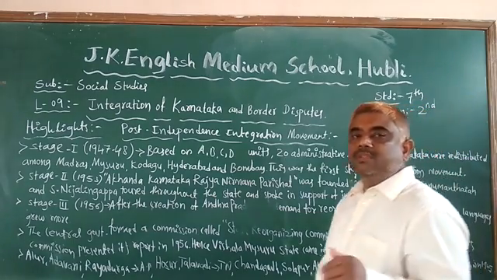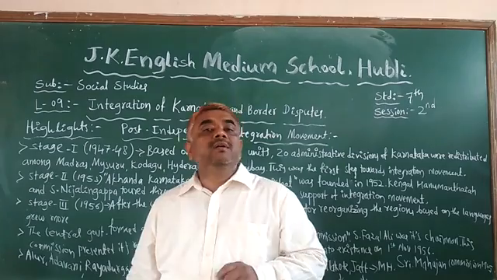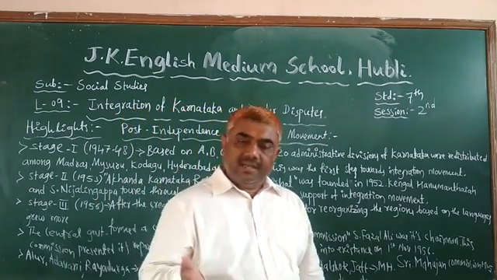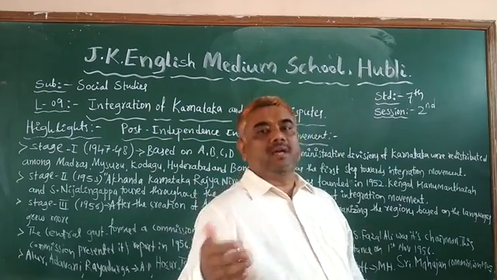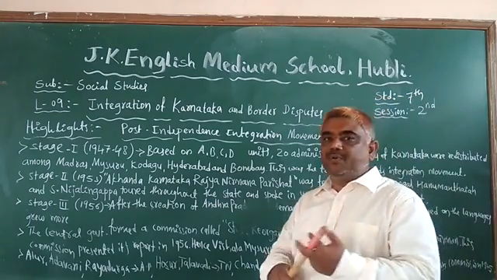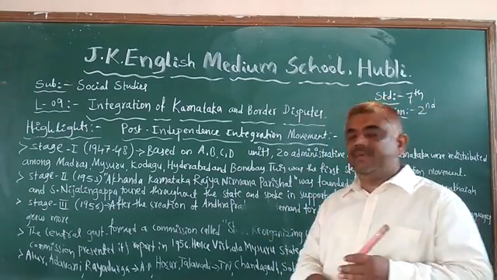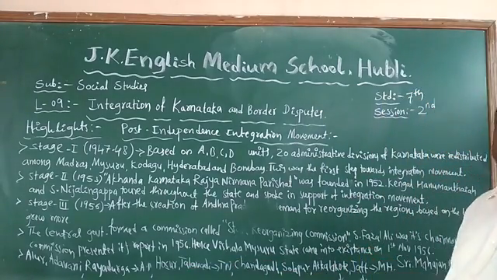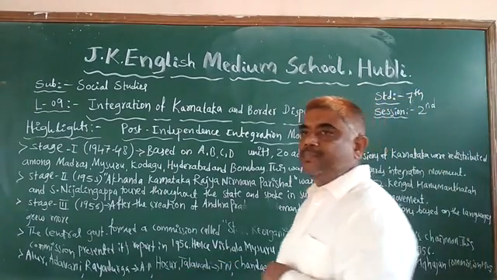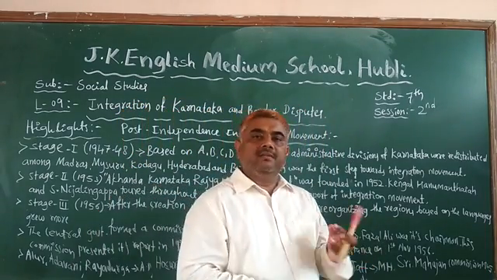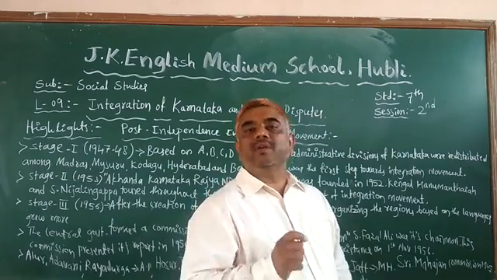Even though they had a Kannada-speaking majority, they are still out of Karnataka. So we have border disputes mainly with Maharashtra, Andhra Pradesh, Kerala, and Tamil Nadu. This problem is a burning problem till today.